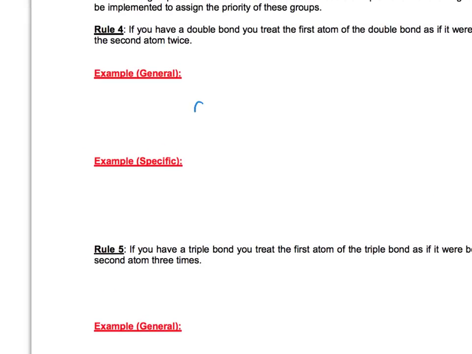So let's say we have this carbon atom, and it has a double bond to some atom Y. Here's where it's attached to the chiral center, and we have some R. That R group can be a hydrogen, it can be another carbon atom, whatever.